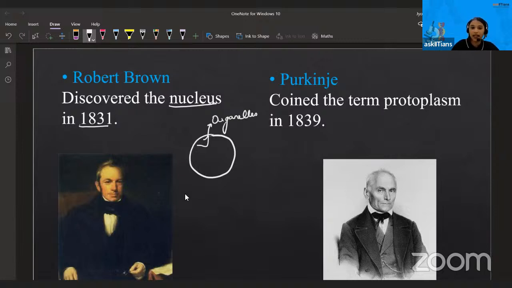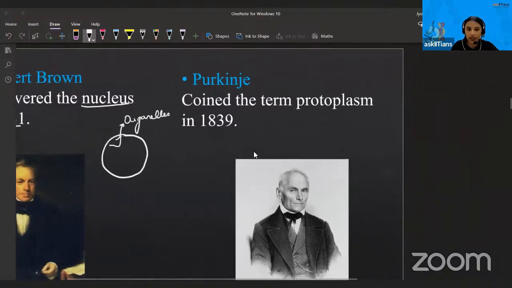After that, Purkinje coined the term protoplasm in 1839. Now, what is protoplasm?